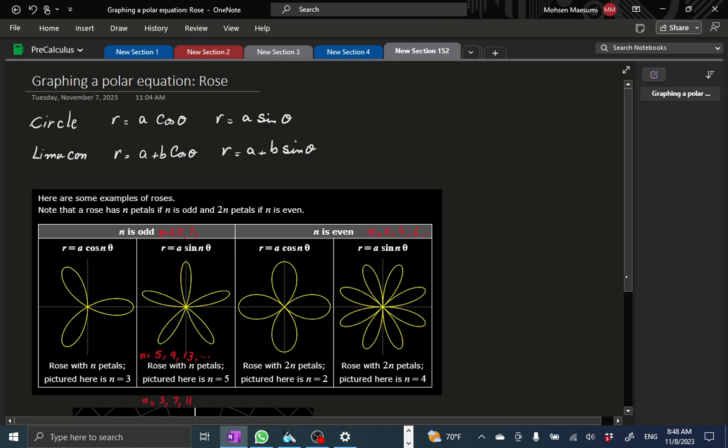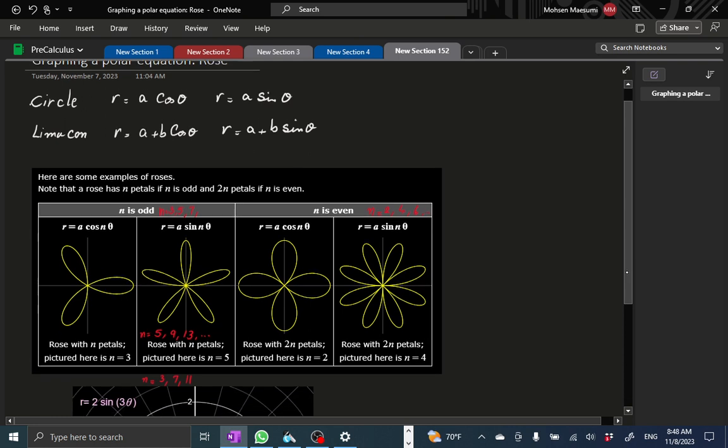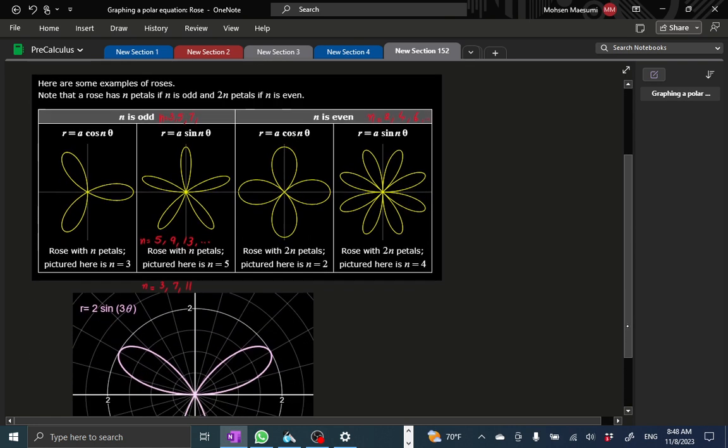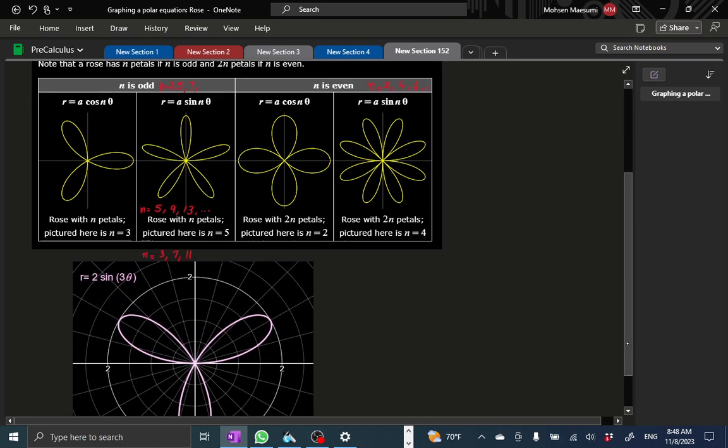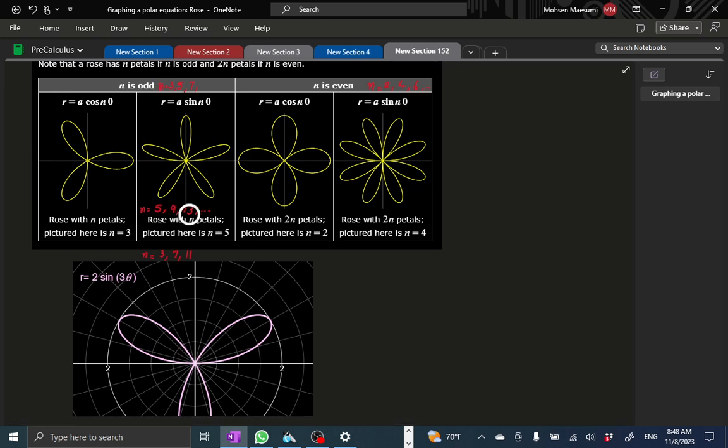Now, to avoid a certain confusion, I have added a case down here. For the n's, we are going to have 2 categories: if n is 5, 9, 13, and so on, and if n is 3, 7, 11, and so on. I'm going to explain that as we go on.